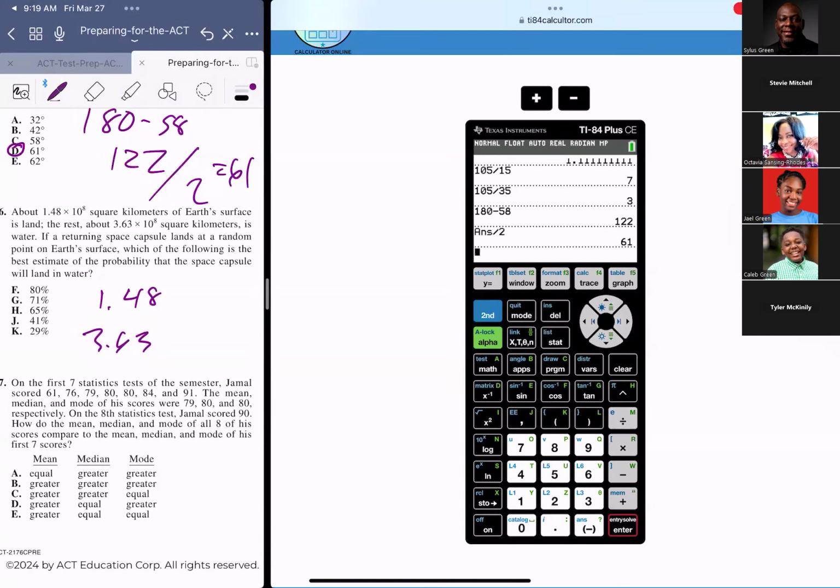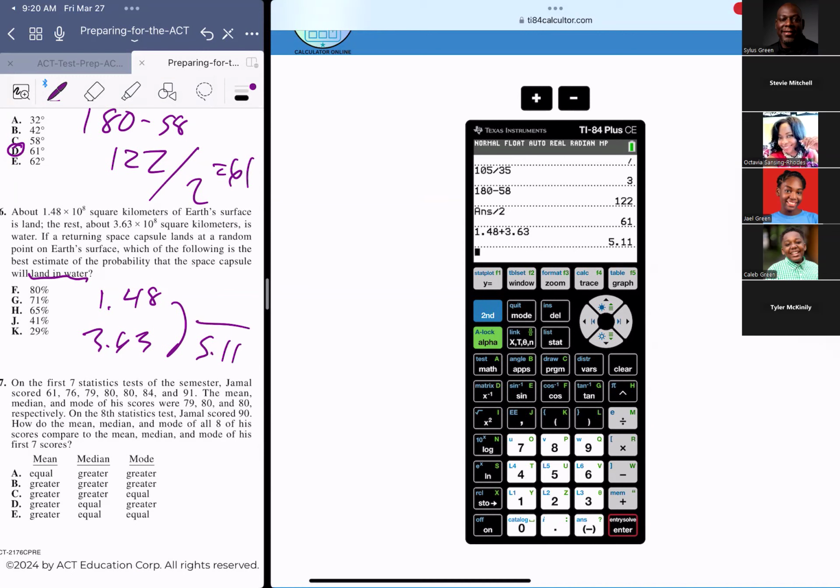If a returning space capsule lands at a random point on Earth's surface, what's the probability it will land in water? For this one, we're going to do part over whole. The whole Earth's surface is 1.48 plus 3.63. That's 5.11.